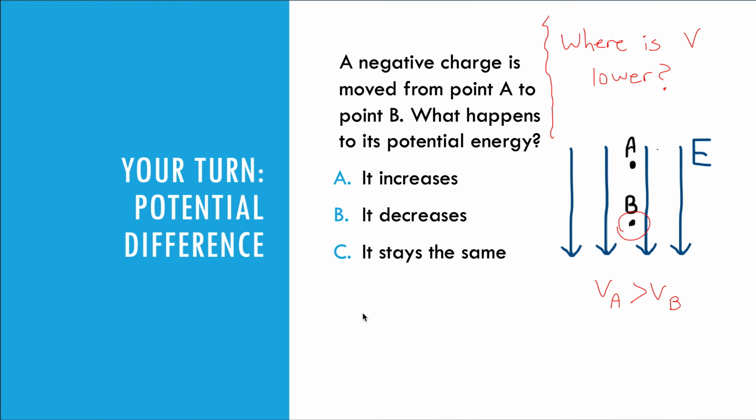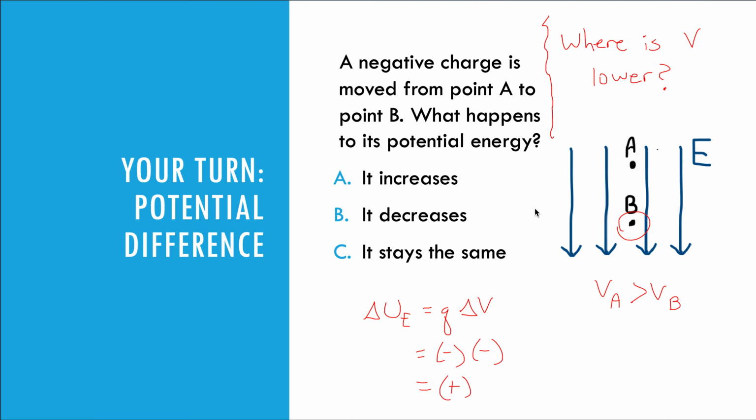I would think the easiest way to do it is to use the equation that the change in potential energy is Q times delta V, that we learned back in 518. And now that we know that the potential difference is negative, because we are going towards a lower potential, then we can just say, okay, the Q is negative, the delta V is negative, so that means that the change in potential energy of the charge is positive.